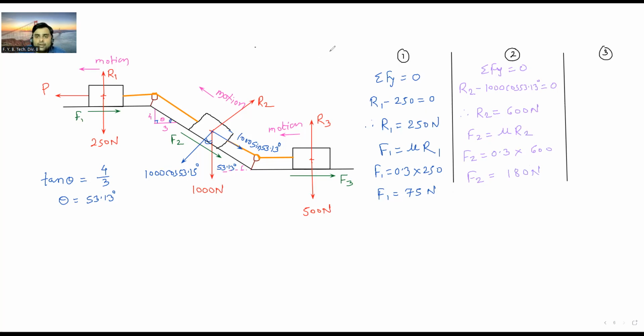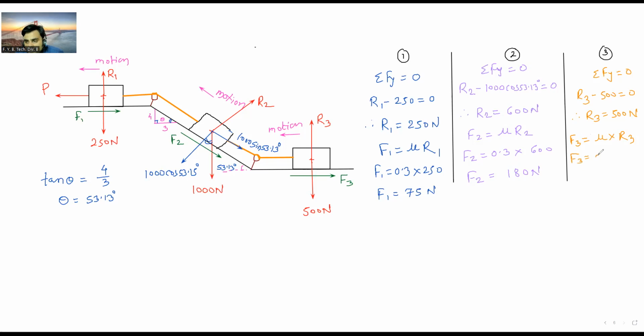And for the third block, if I apply summation Fy equal to 0, I will get R3, which is upward, minus 500 is equal to 0. Therefore, R3 is equal to 500. Now, to calculate the frictional force, F3 is equal to mu into R3.